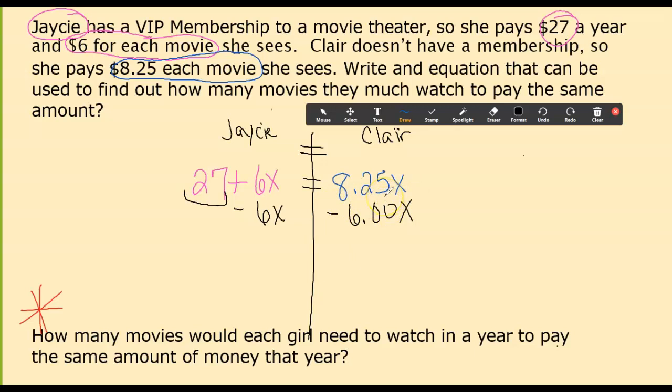So if it helps you, line up your decimals and put in your placeholder zeros. Because adding and subtracting decimals, you must line up your decimal point. These cancel out. I'm left with 27 is equal to how many x's? 8.25 minus 6 is 2.25x.